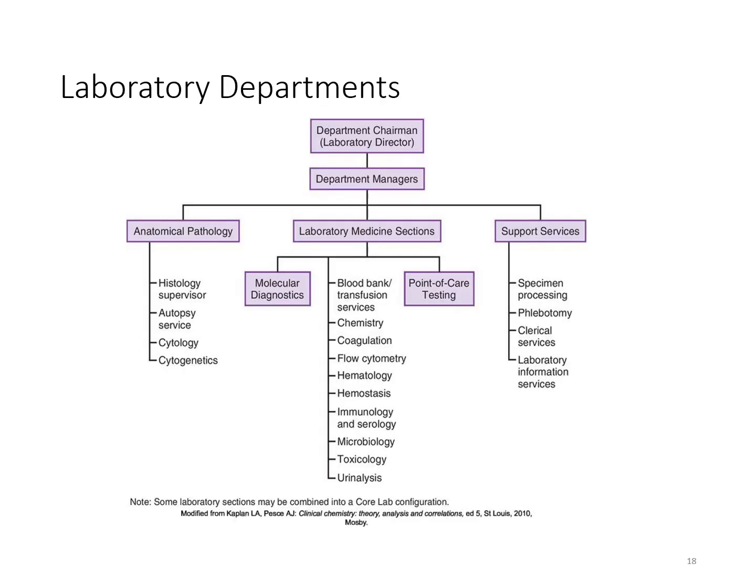So this chart here kind of gives you an idea of how the laboratory department is divided out. So you have your laboratory director, and then under your director you have your different departmental managers. And it's usually divided up with anatomical pathology, which includes your cytology, histology, and autopsy services that the pathologist will do.